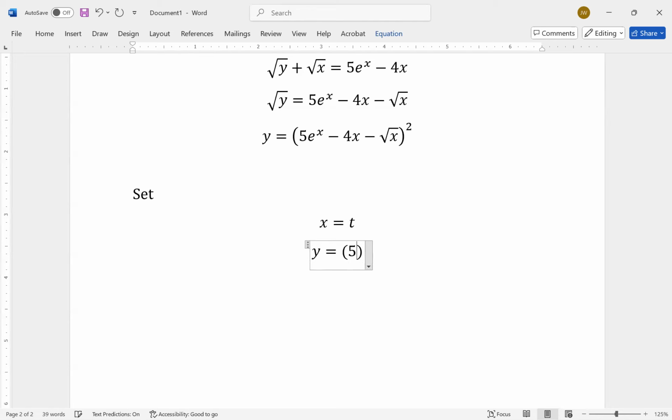The quantity there is 5e to the t power minus 4t minus the square root of t, all of that being squared. So that's it. And if you wanted to graph it, obviously you could graph it using plotting points or plugging it into some technology.